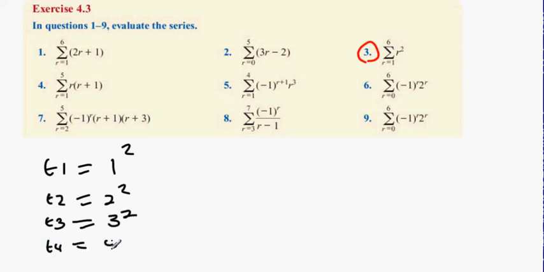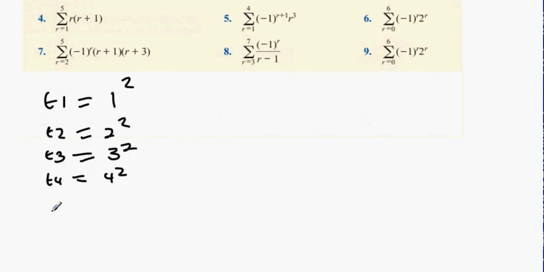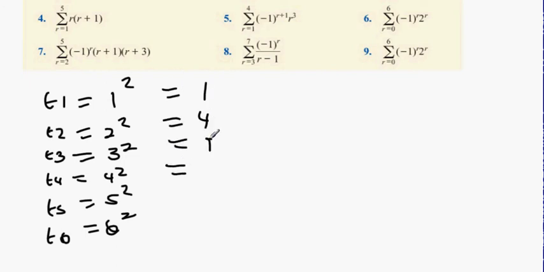T4 is going to be 4 squared, T5 is 5 squared, and T6 is 6 squared. So you're just going to have 1, 4, 9, 16, 25, 36. Add them all together, and what we're going to get is basically 91.